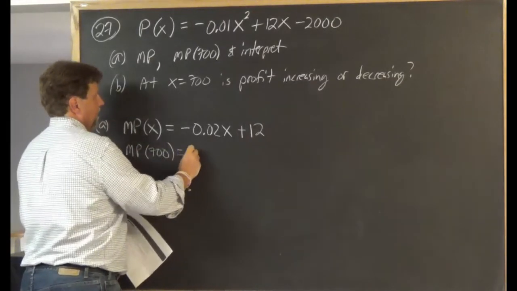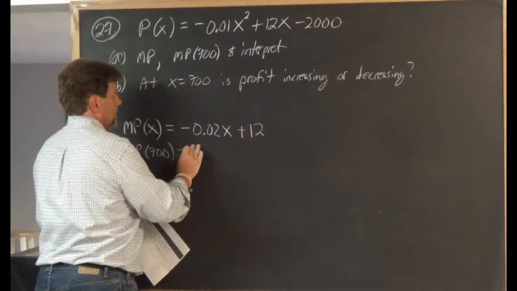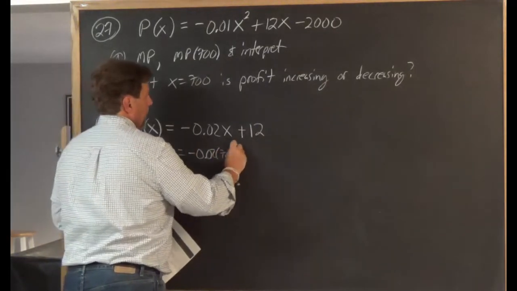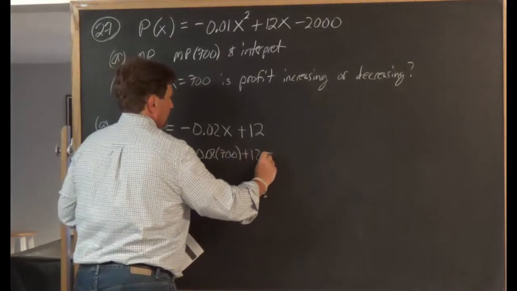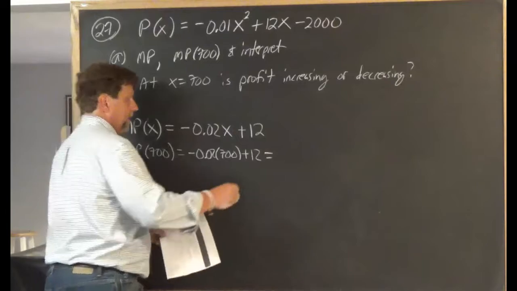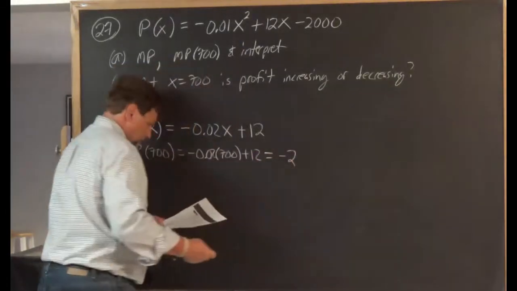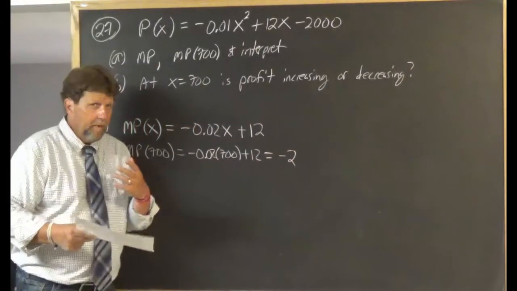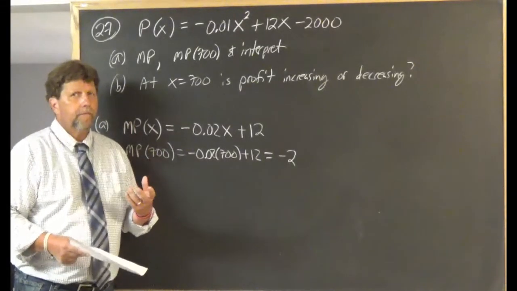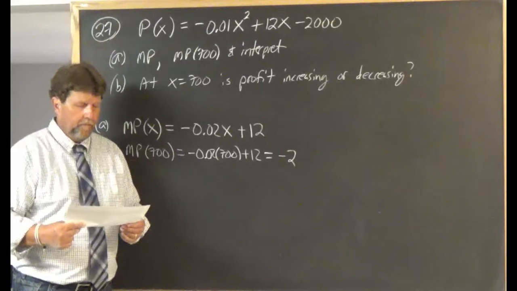Evaluate the marginal profit at 700. And when I do that, I use my calculator, and what do I get here? I get negative 2. So what does this mean? I'm going to interpret it. I'll say it slowly.